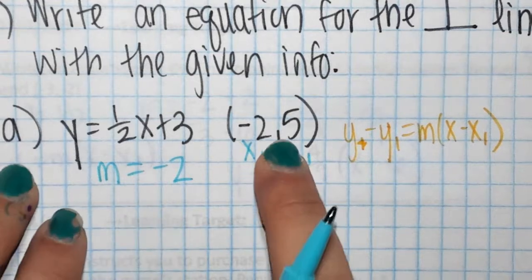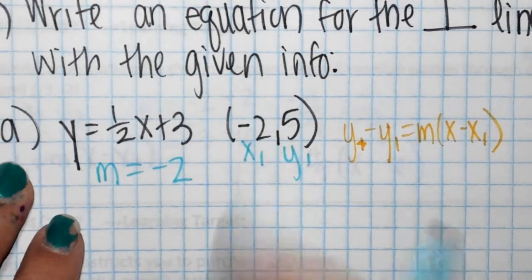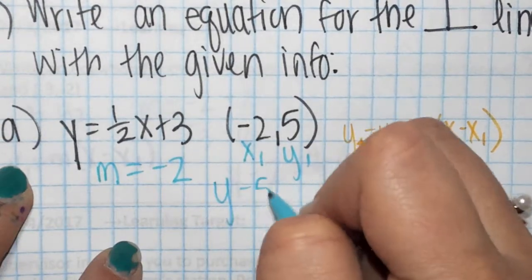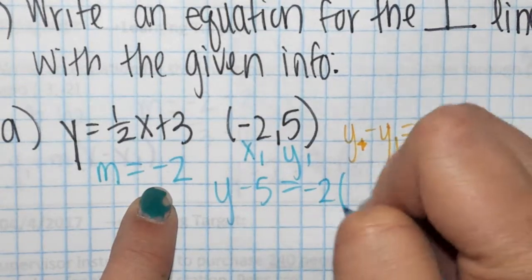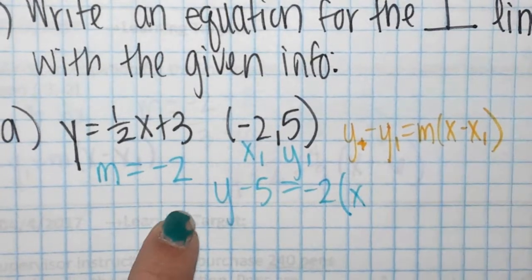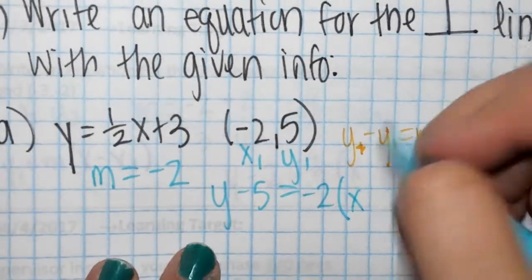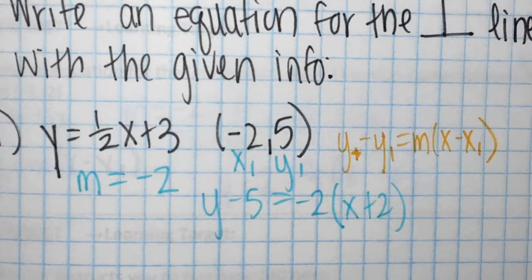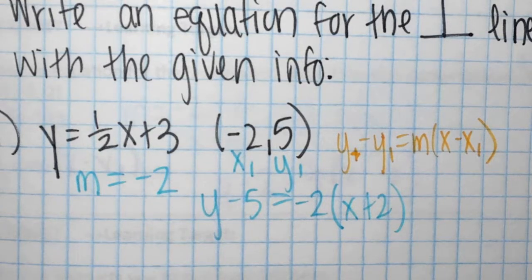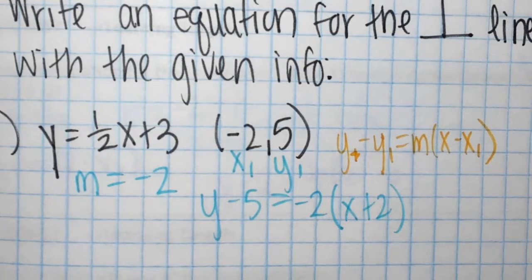Alright, so then it's y minus what? What's our y1? 5. y minus 5 equals, what's our slope? -2 times x plus 2. Awesome. Good job, Adam. Good job, CJ. That's it. That's all we do.